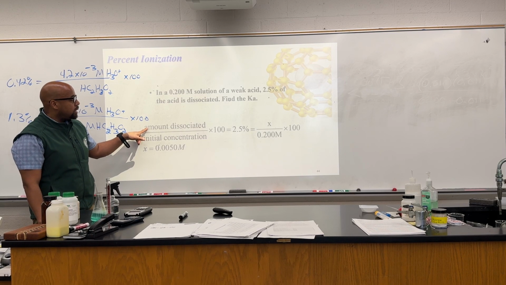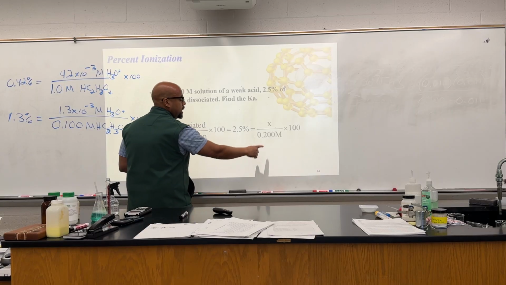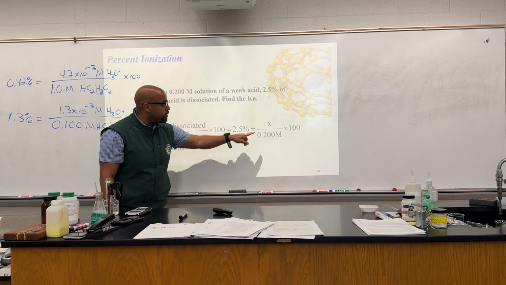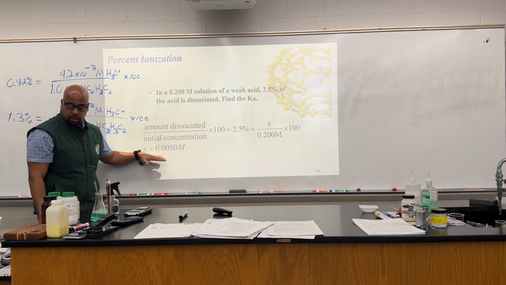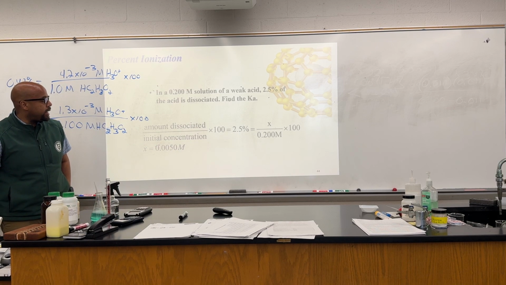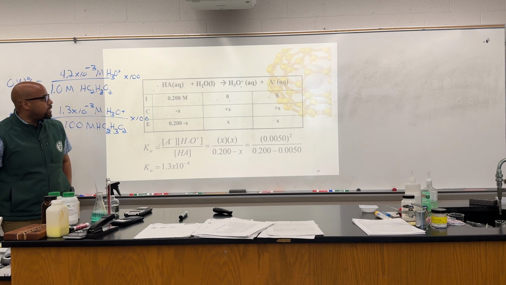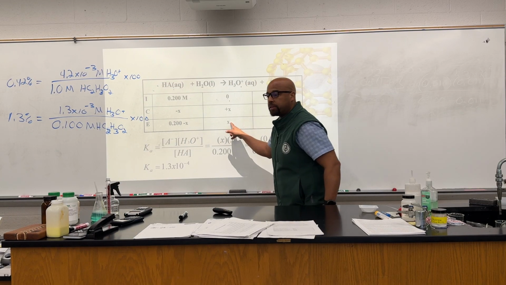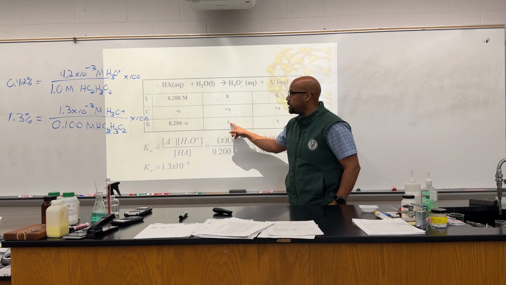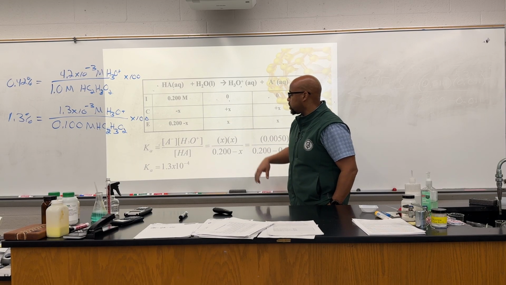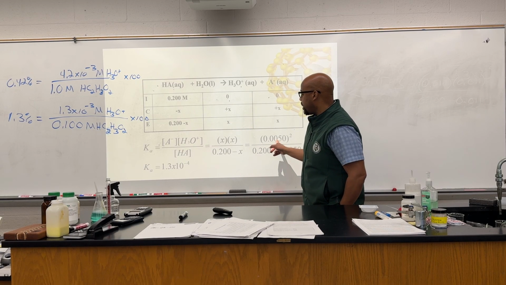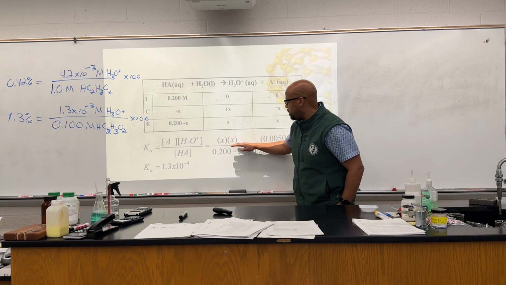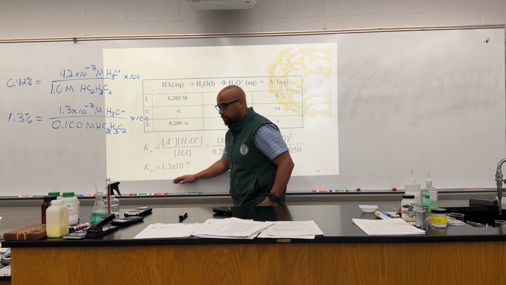I can substitute in and solve for x, where x is representative of the H3O+ concentration. Because I was able to figure that out, when I go through my ICE table I already know what x happens to be. That's the percent dissociation. So I take that value, substitute in for x, and so long as I substitute in my x values, I can figure out what the Ka is going to be.